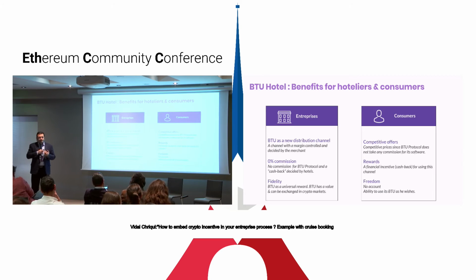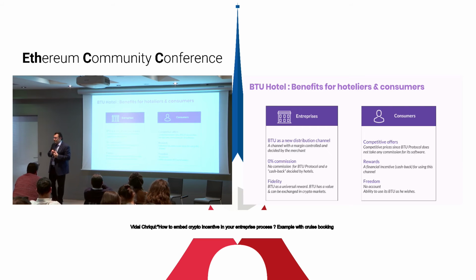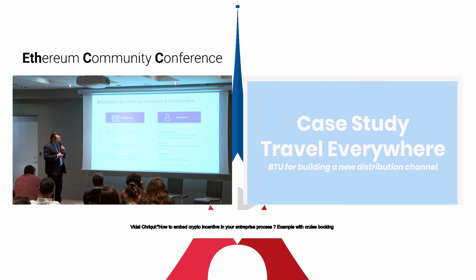So do not fear the BTU protocol because we don't take commission on their system. And for the end user, they see that they get a reward. There's an incentive to do so. They get a competitive offer and they are free. It's a system where you have no account, and even the BTU, you can use it outside the hotels. So it's a real value.